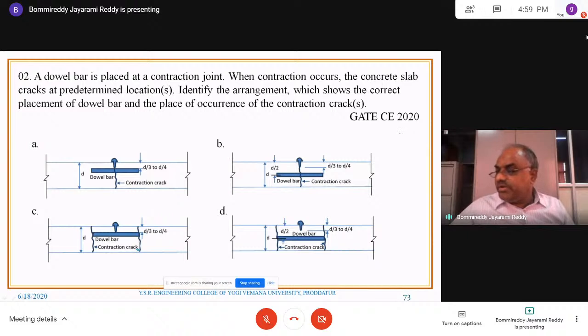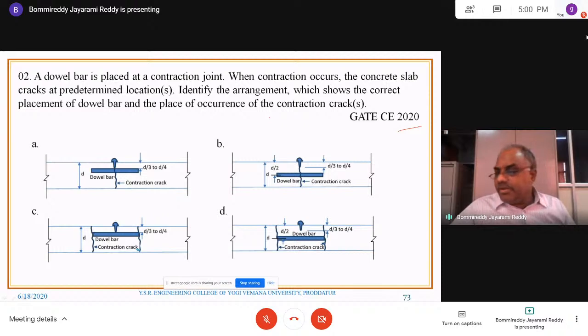Then another question in 2020. A dowel bar is placed at a contraction joint. When contraction occurs, the concrete slab cracks at predetermined locations. Identify the arrangement which shows the correct placement of the dowel bar and the place of occurrence of the contraction cracks.